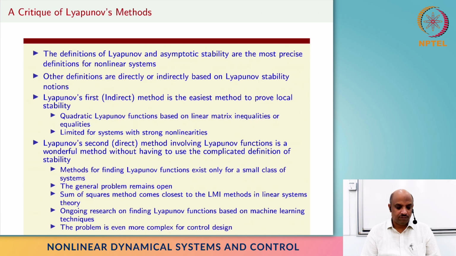When we say it's an open problem, it is still an art to find a Lyapunov function. So most of us who pursue a career in, let's say, nonlinear systems and control have to essentially develop this practice, develop the art of actually finding these Lyapunov functions.